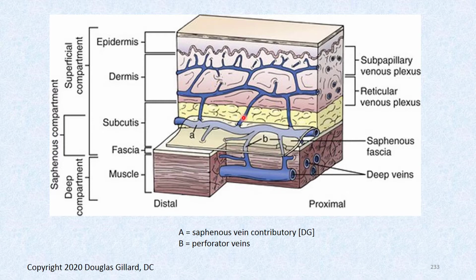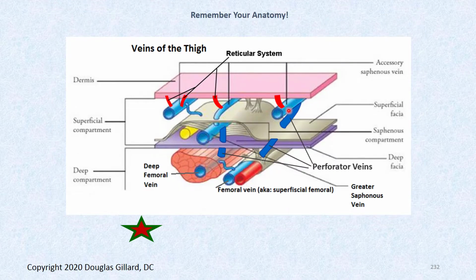These are reticular vessels here. Reticular vessels dump into the superficial system. The superficial system dumps by the perforators into the deep system. And you can see the deep system is embedded in muscle. So if you're standing and swaying and walking, it's squirting this blood like a little peripheral heart out of the lower extremities, especially the soleus muscle. So that's kind of the flow of it.